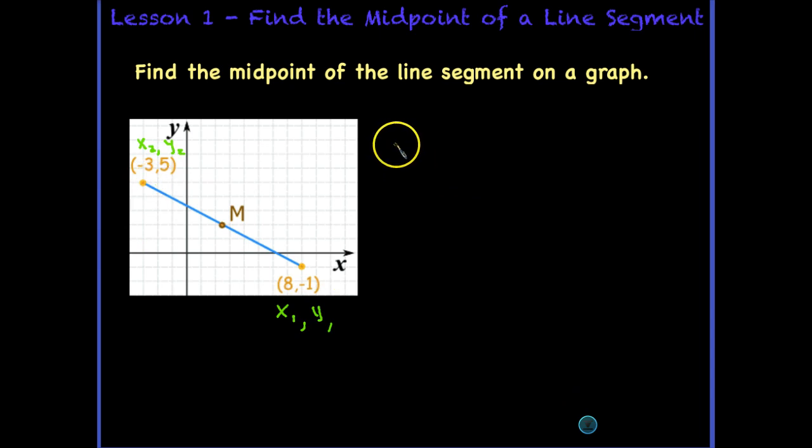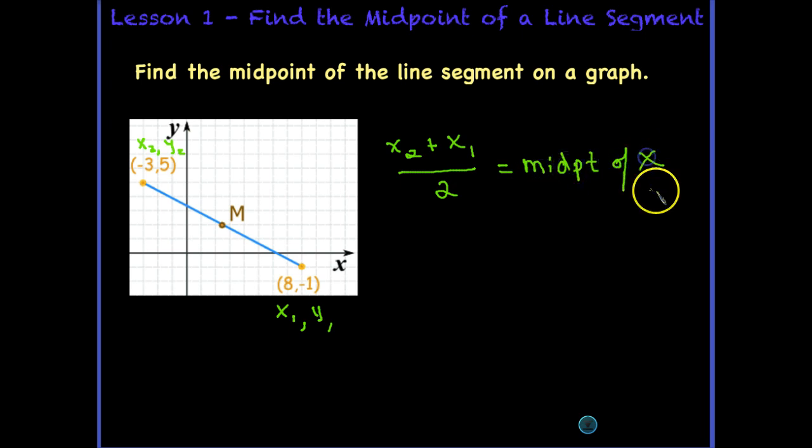So let's think about our midpoint formula. We said it was x2 plus x1, doesn't matter. We just add our x's together and divide by 2, and that gives us the midpoint of our x coordinate. But what about y? Could we do the exact same thing? Why not?